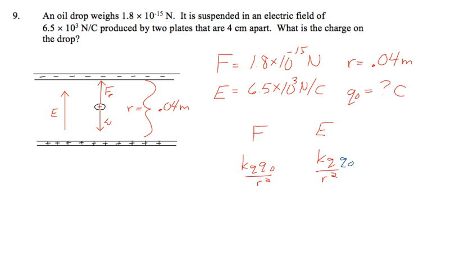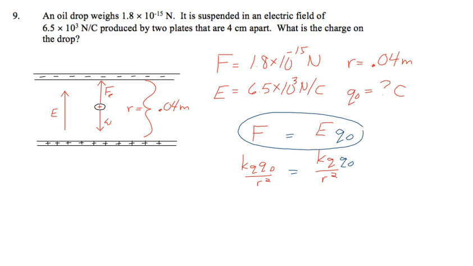If I do that, then I do the same thing up here. Now that these two are equal, because they both have R squared and they both have K Q Q0, I know that these are equal. So this is now my equation that I'm going to work with in order to solve for the unknown.